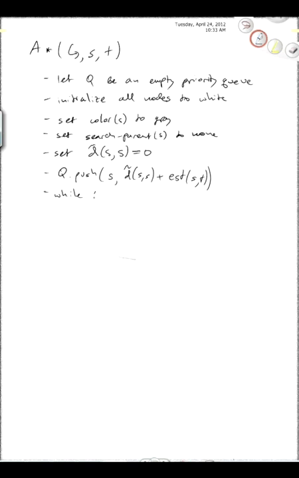So while Q is not empty, we're going to let U equal Q dot popmin. We're going to set the distance from S to U equal to whatever the distance label is.